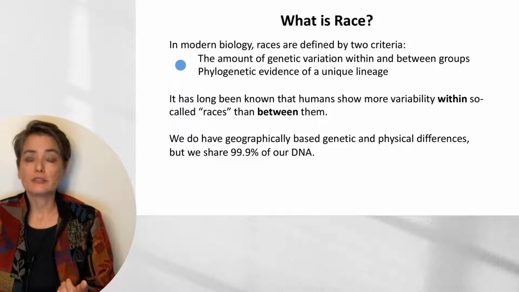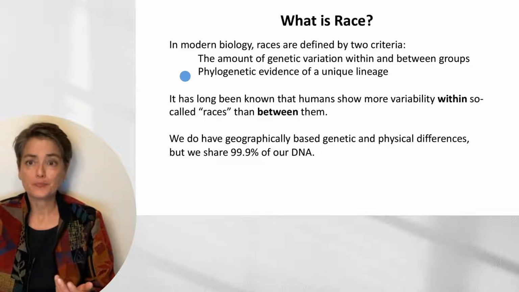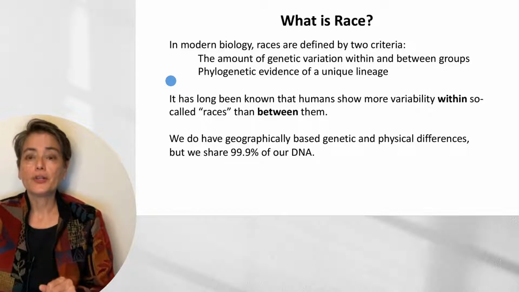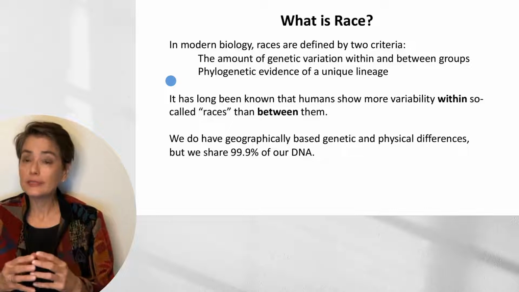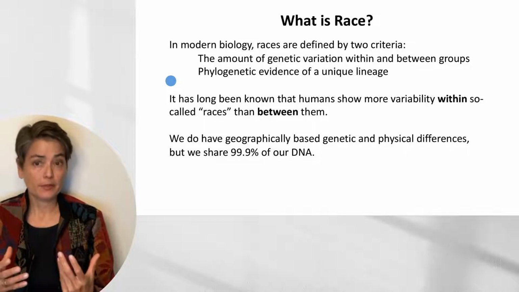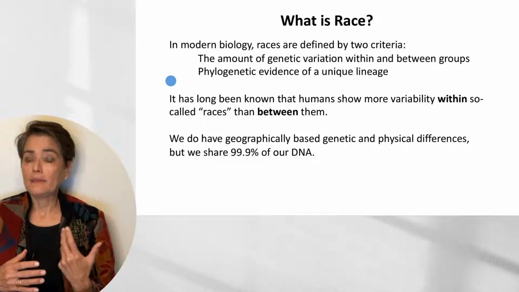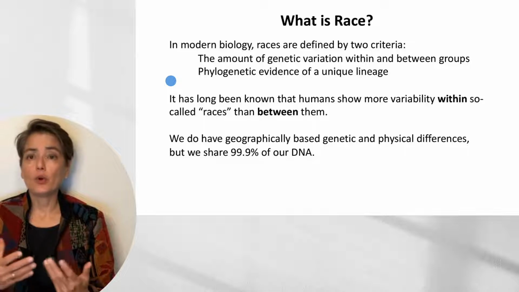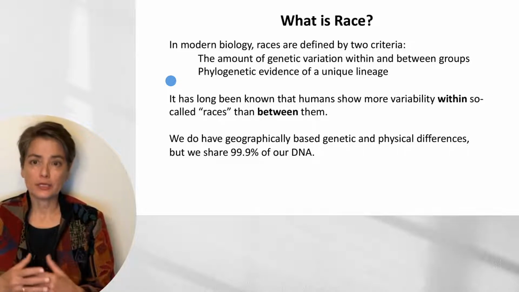And we can see races in a variety of animal species. But in modern humans, we know that humans show more variability within so-called races than between them. And because of population admixture, there is no evolutionarily distinct unique lineage.